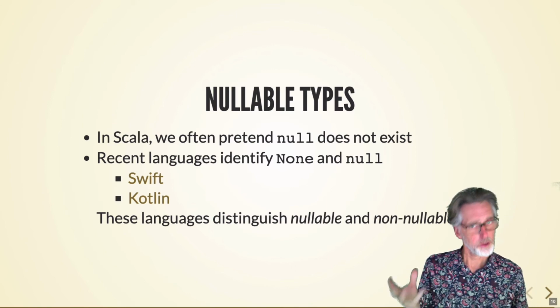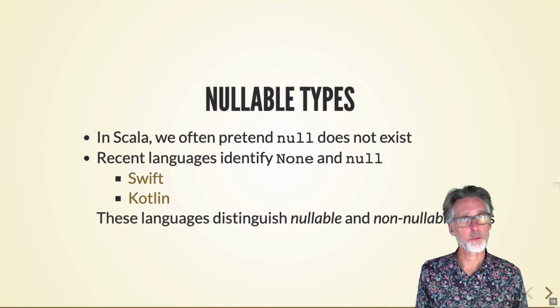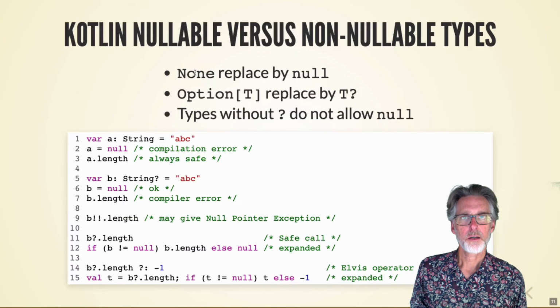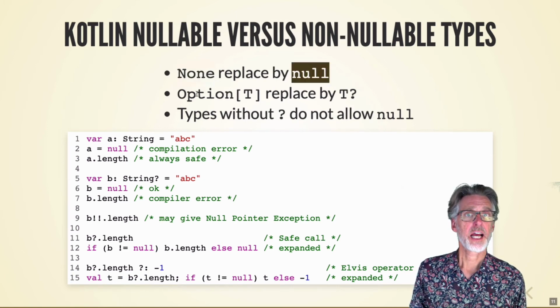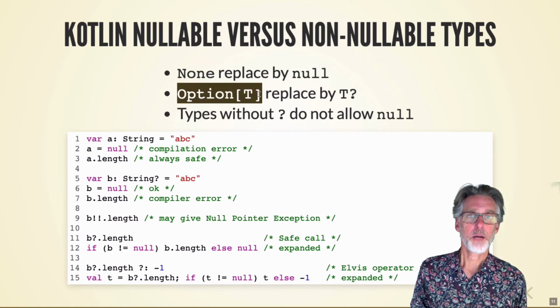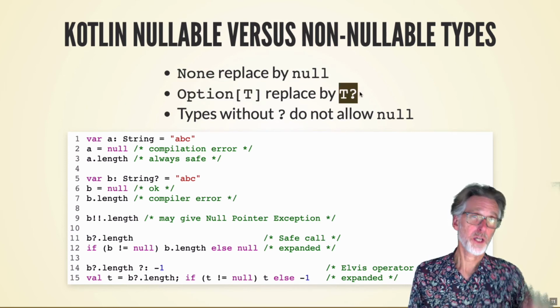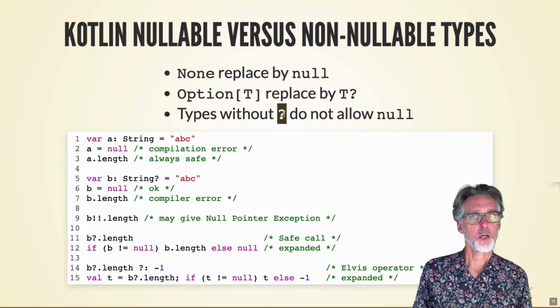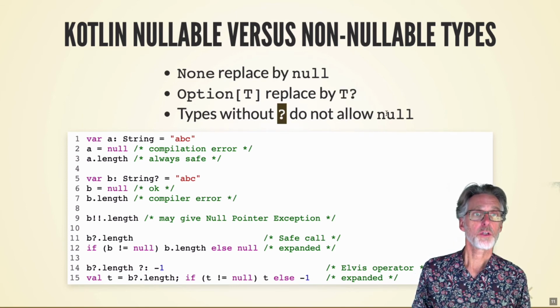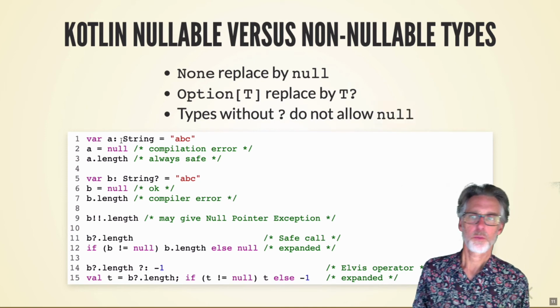These languages include nullable and non-nullable types. In Kotlin, the None value is actually null. And instead of writing the option type, we write it as the type with a question mark at the end. In Kotlin, types that don't have a question mark at the end don't allow null. So what does this mean? Let's look at some quick examples.